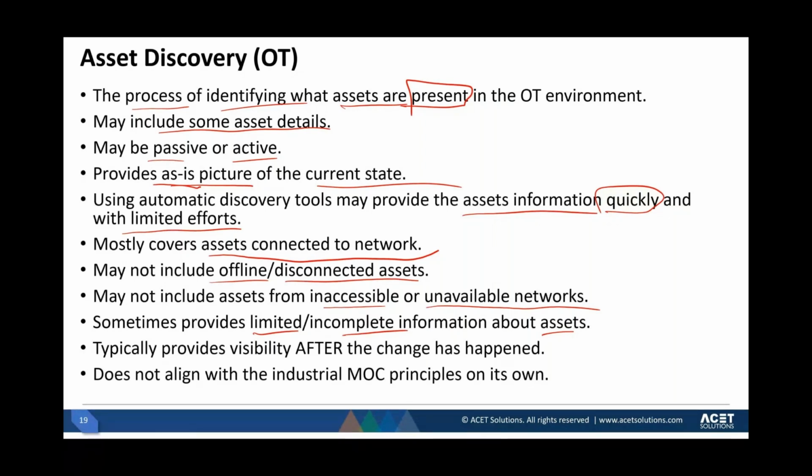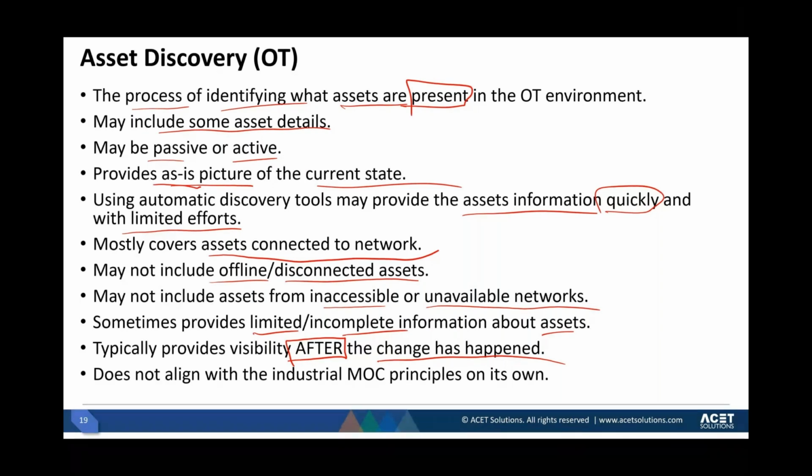Two of the most important characteristics of the asset discovery concept: it provides visibility after the change has happened. And we're going to pivot into the change management concept again. Obviously, if a computer is discovered on the network, that means it has already been installed on the network.